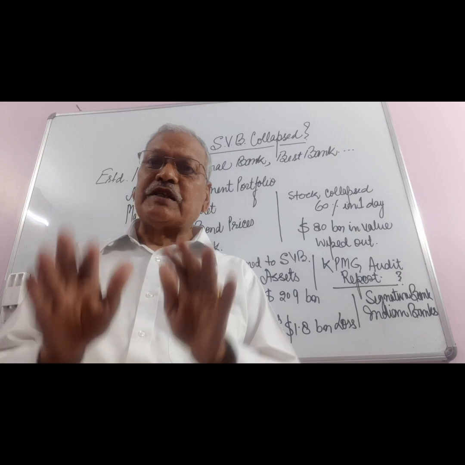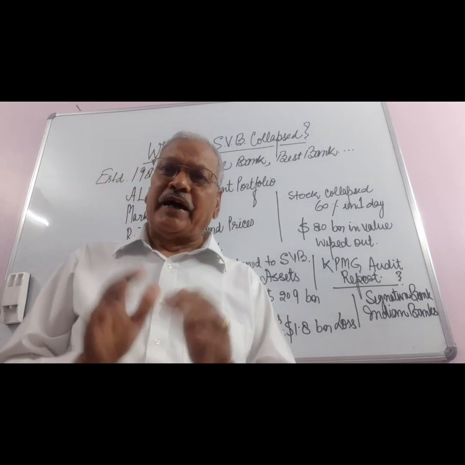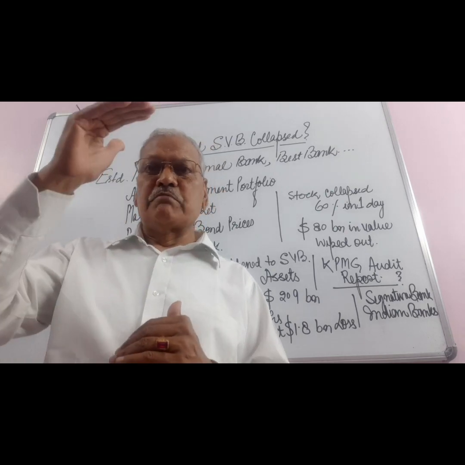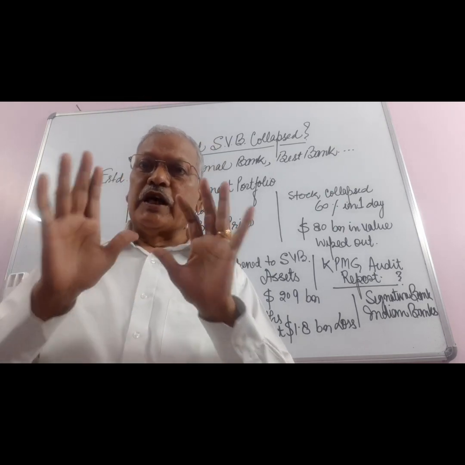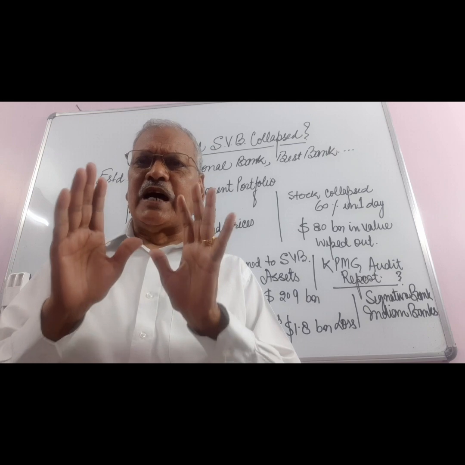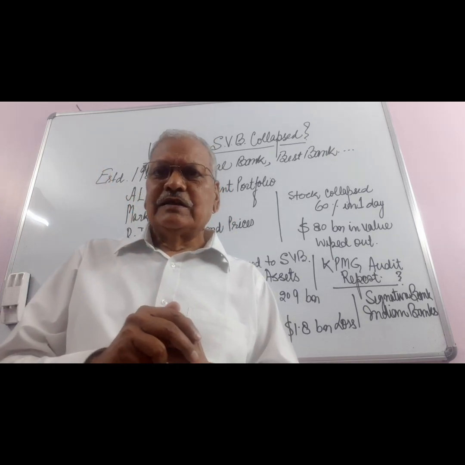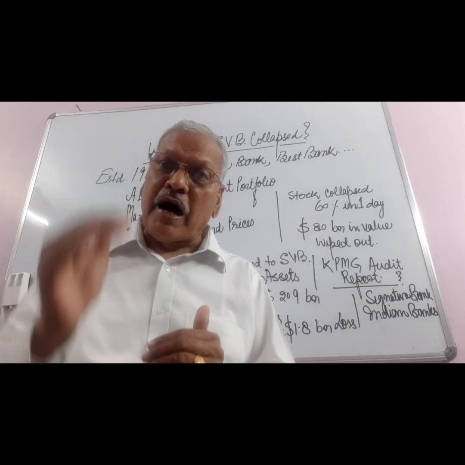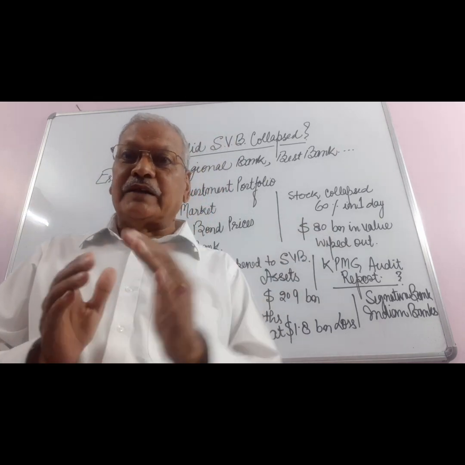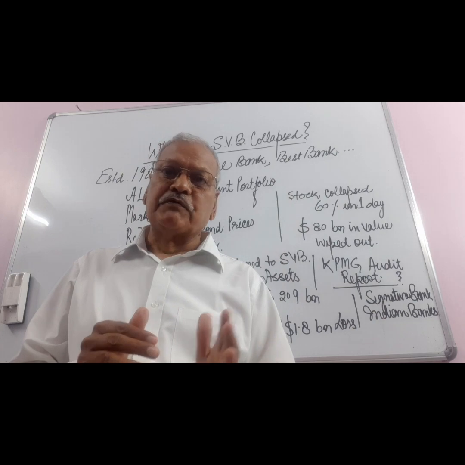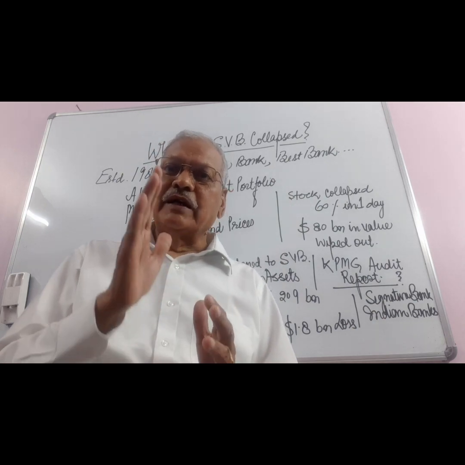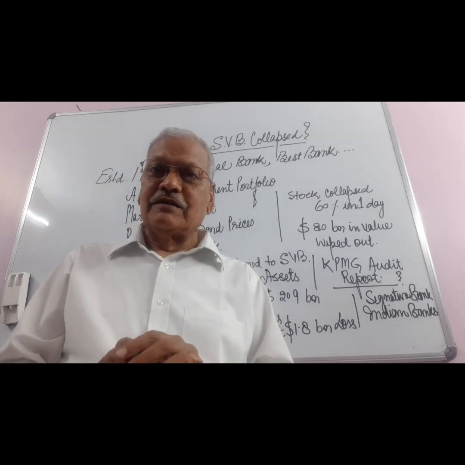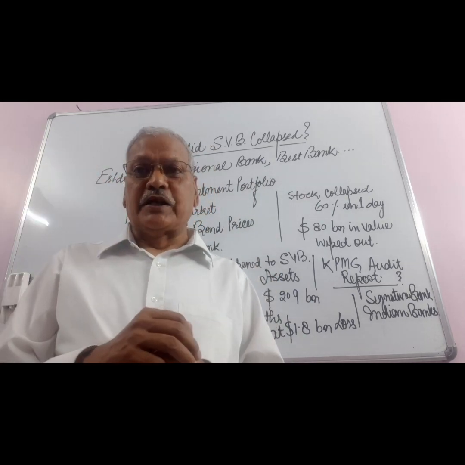Now the securities under the HTM category have to be held by the bank till their maturity, so they are not supposed to be subject to the market risk. The other two categories, available for sale and held for trading, are subject to the market risk.